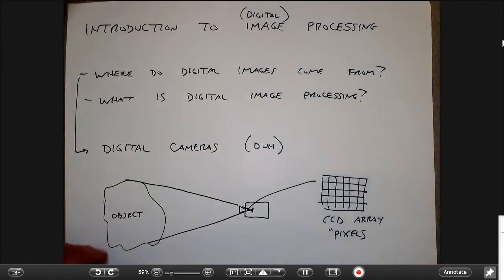But there are a lot of other places where you can get image-like objects, which I think we could just call digital images, that don't involve this notion of a physical object in 3D space that uses visible light to pass through a lens onto a CCD array, right? There are lots of other ways to get images, okay? And a lot of those are outside of the visible spectrum, right? So all across the electromagnetic spectrum are ways that you can acquire image-like objects.